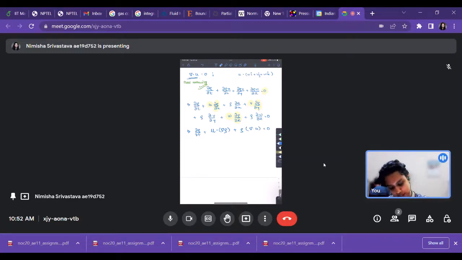So for incompressibility, what we need is that the gradient of density in time as well as space. This is the spatial gradient, while this is the temporal gradient, that is the gradient in time.